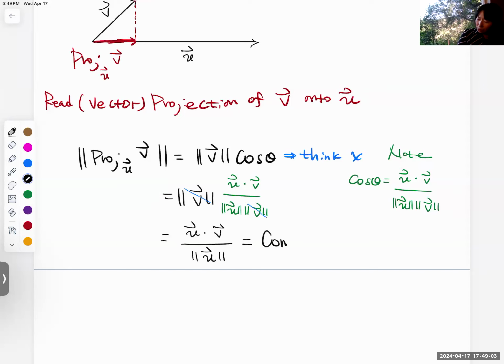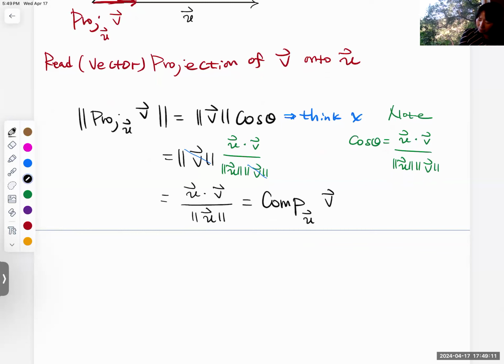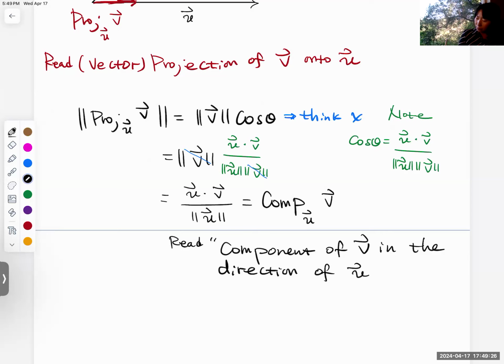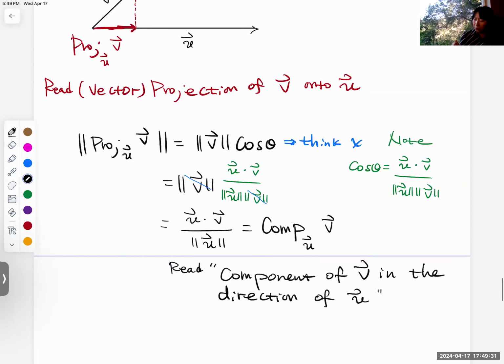So we're using this way, V onto U. We read it this way: component of v in the direction of u. Okay, so the component of vector v in the direction of u means the same direction.